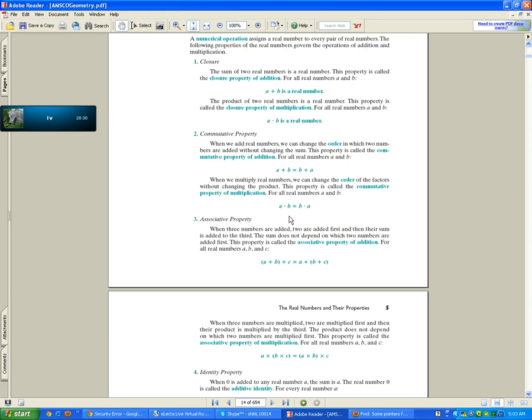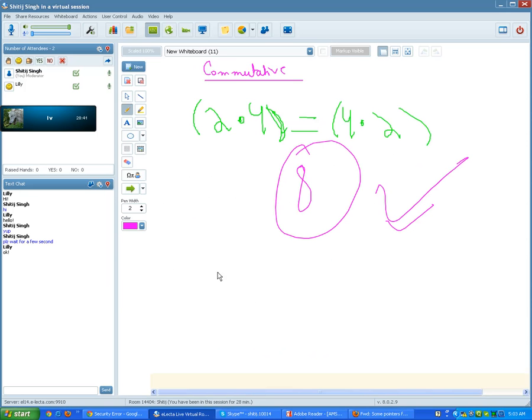That's why he wants the sentences. So this is called commutative property of multiplication. And in the same way, if you add this up in this way, you will say this is commutative property of addition.